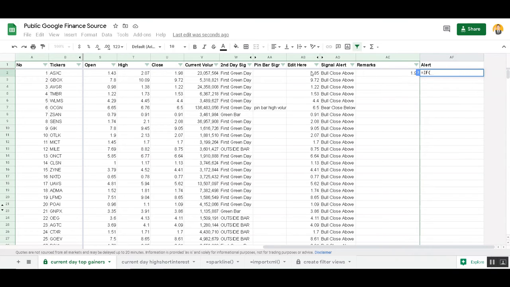You can have equal, where the signal level that I want is equal to this, and I will have level cross, or I can have waiting for pullback.